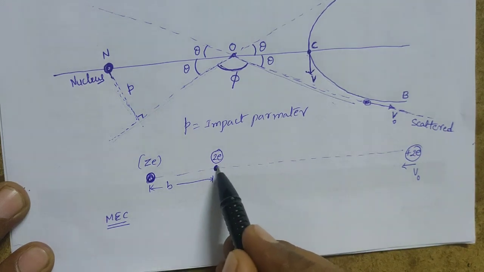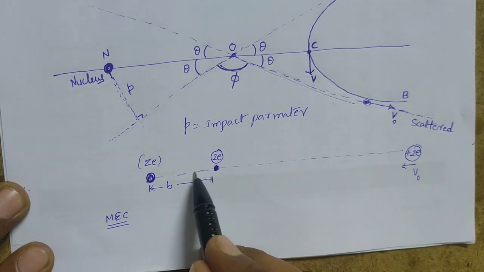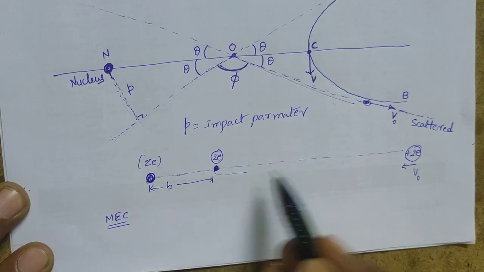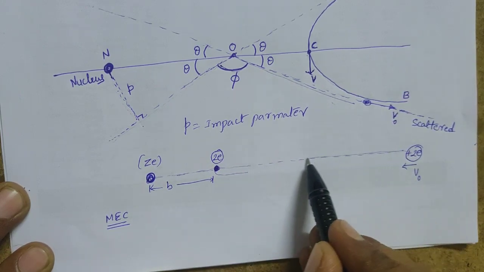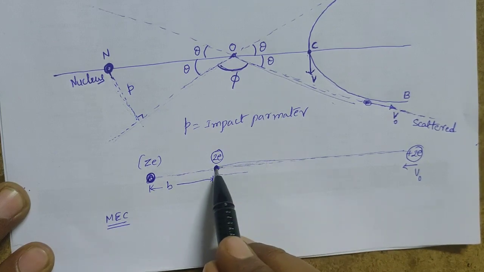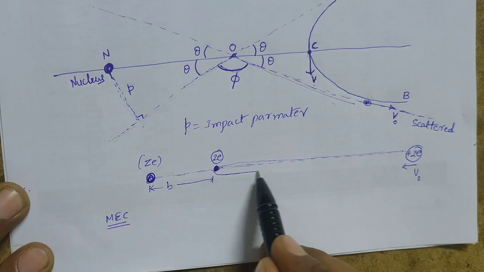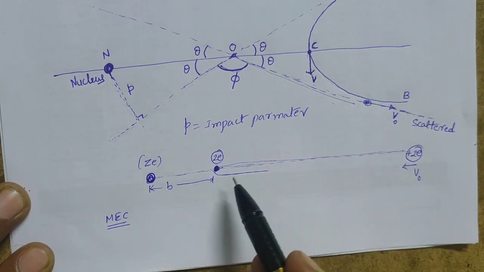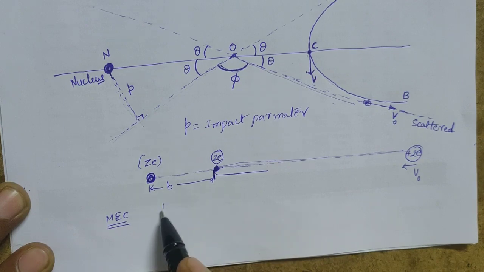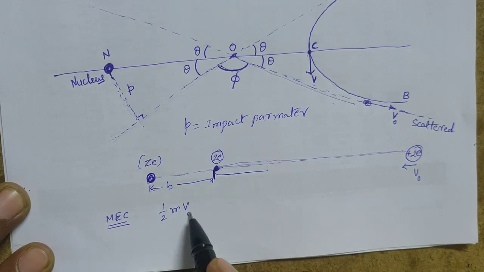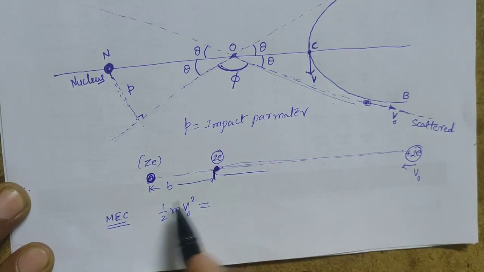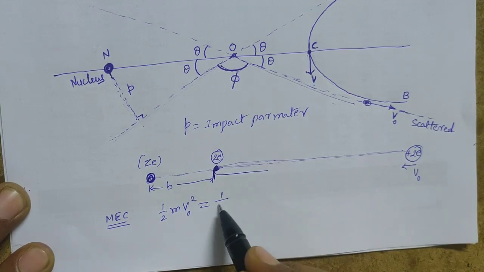When it has reached the closest distance, head-on type, the kinetic energy becomes 0 as it is decreasing, then it reverses its path. So at this particular point the speed will become 0, and the decrease in kinetic energy is equal to the work done by the repulsive force, the work done by the conservative force.